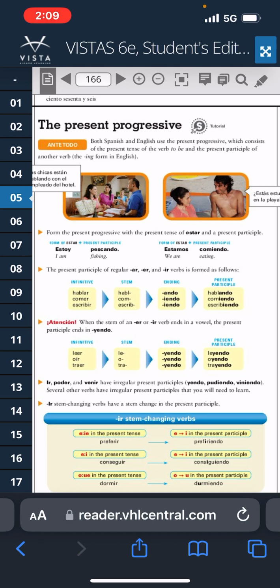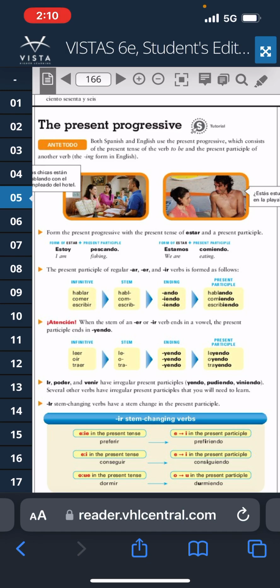Hablar, habla, hablando. Comer, come, comiendo. Escribir, escribe, escribiendo. The AR verbs have ANDO. The IR and ER verbs have IENDO.